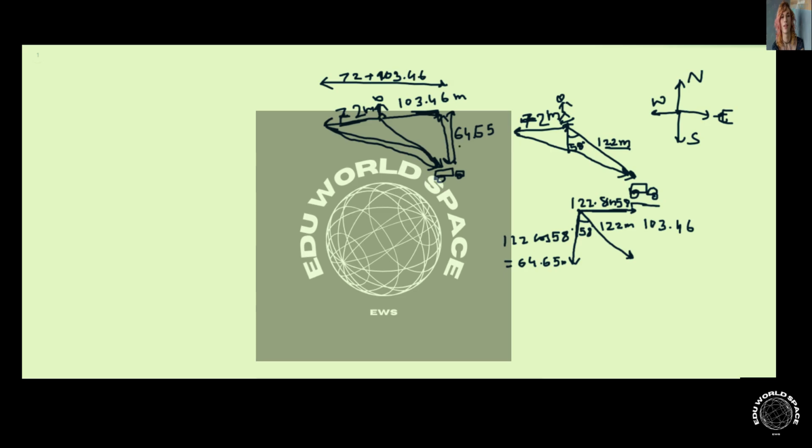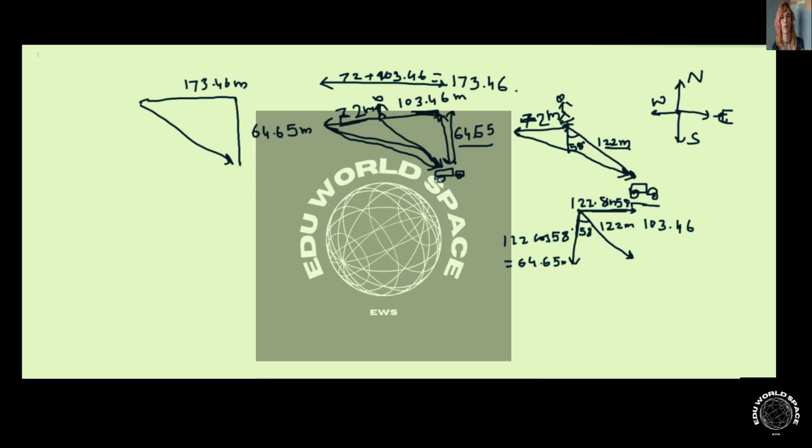And the vertical component would just be 64.65. 72 plus 103 is 173, and then we have the 0.46. Now, this vector has a horizontal component of 173.46 and a vertical component of 64.65 meters.